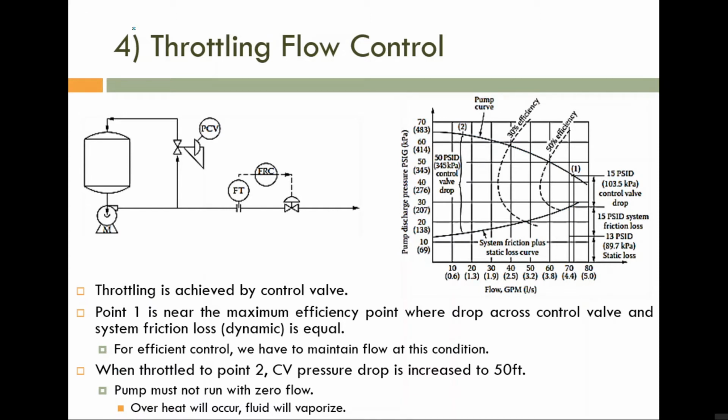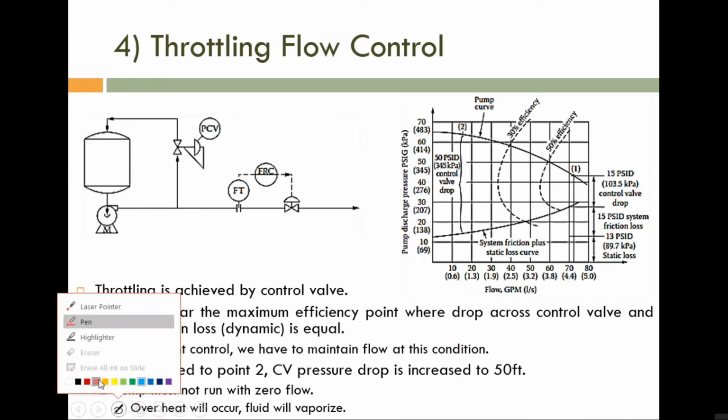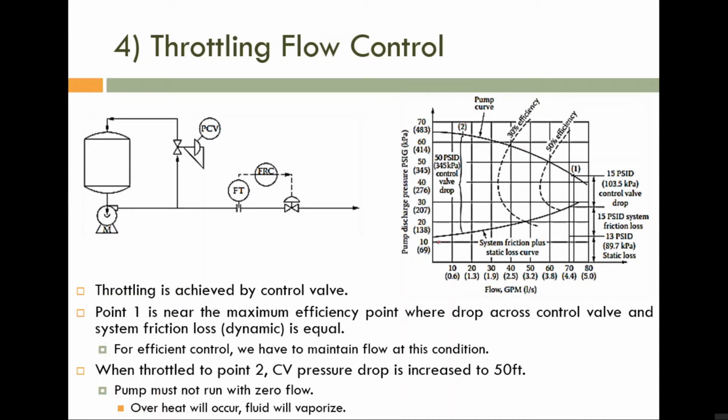So this one is the throttling flow controller. I told you this one is a system curve without control valve, and it will have two parts. This one is the total static head, which in this case is 13 psid.